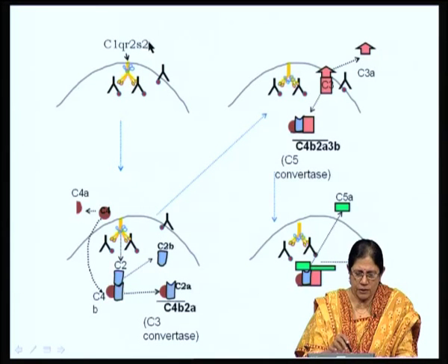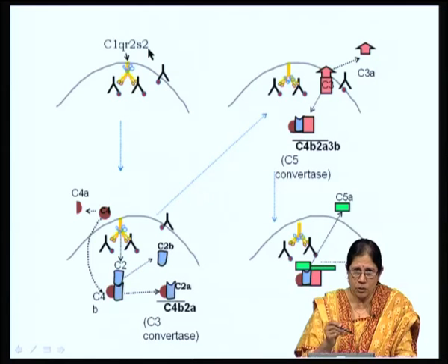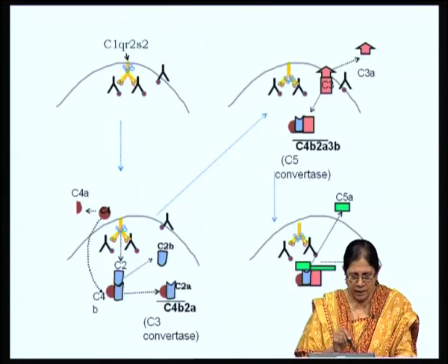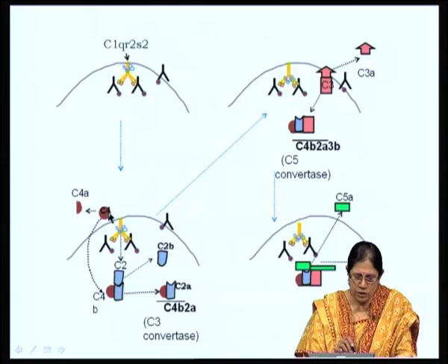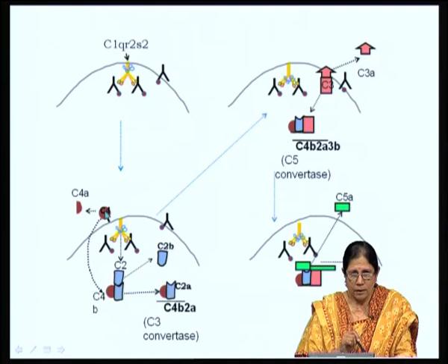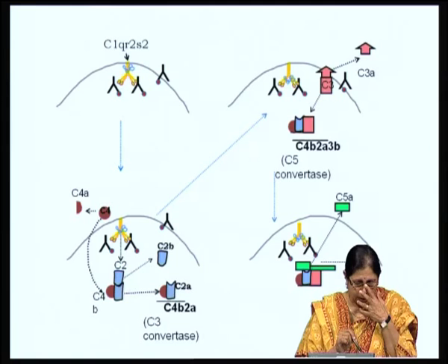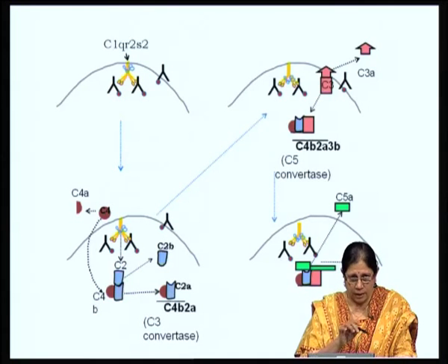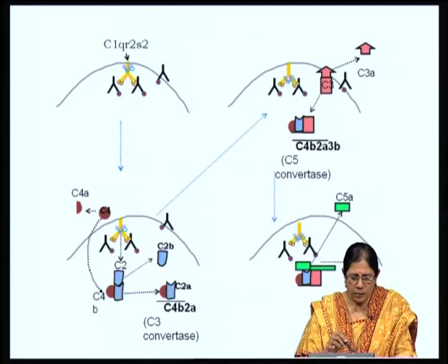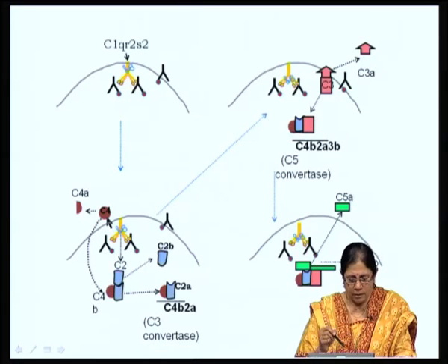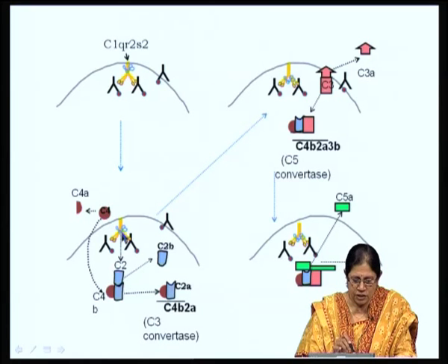The cleavage of S2 to its active form also now exposes a binding site for the second molecule in the sequence, which is C4. Now, though the complement components of the classical pathway are named C1 to C9, the sequence in which they are recruited may not necessarily be so, and after C1 the next complement component to get activated is C4.